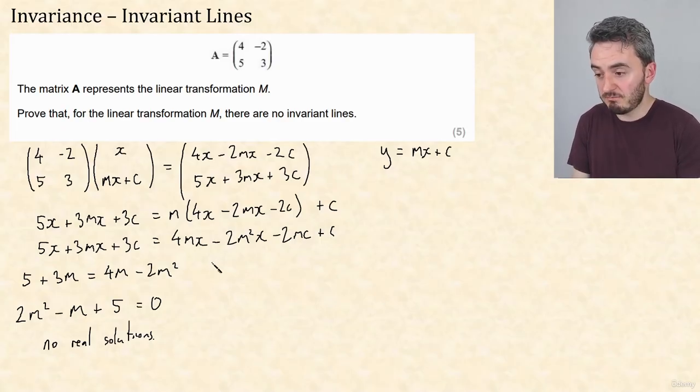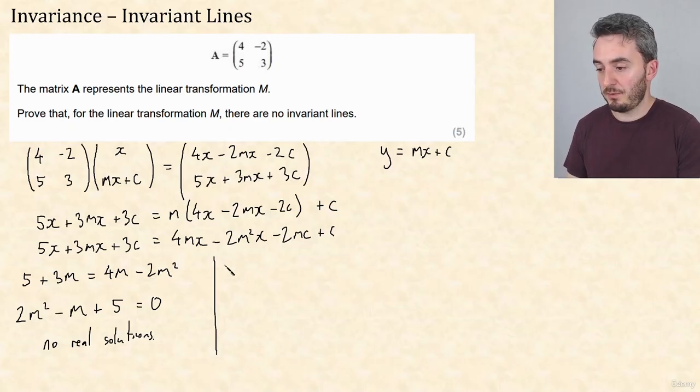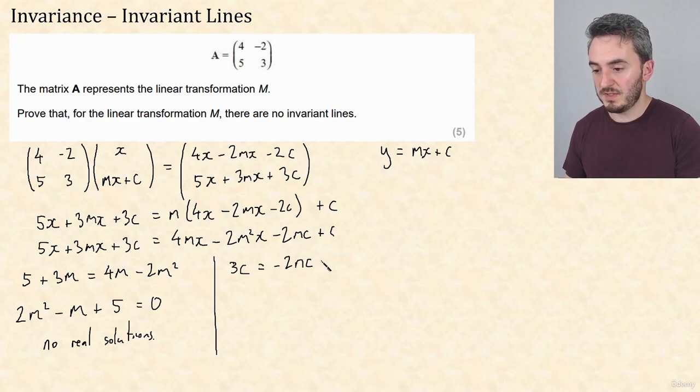I mean, if we did, and I'm saying this is not necessary, but if we looked at the other one, we'd get 3c, the constant on the left, is equal to minus 2mc plus c. Now, this one we do seem to get some solutions. We get 2c plus 2mc equals 0.